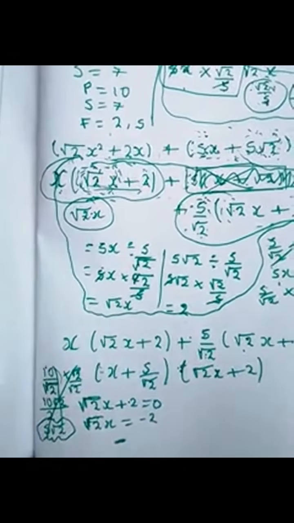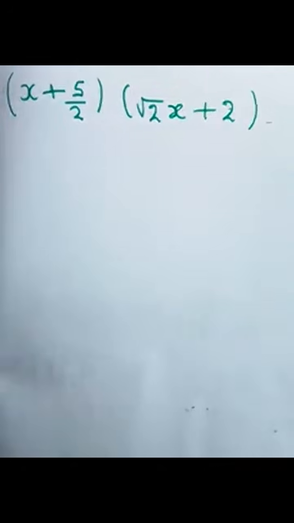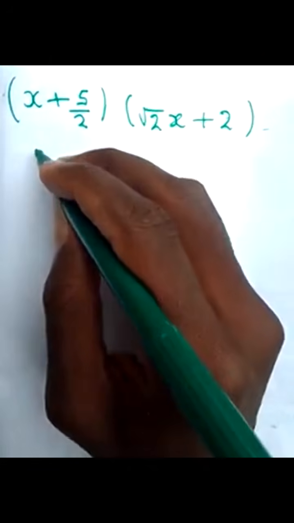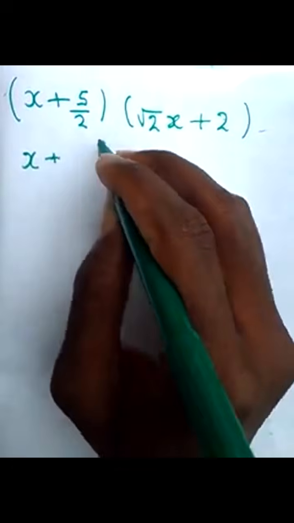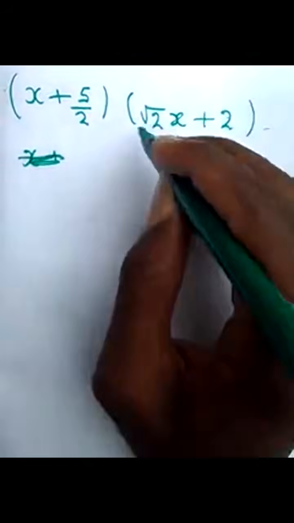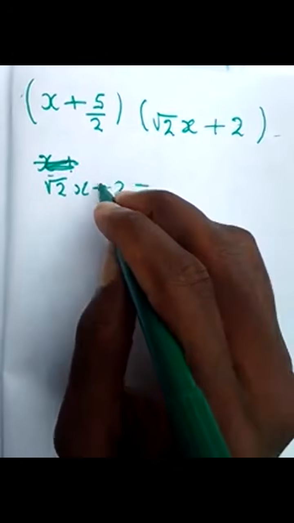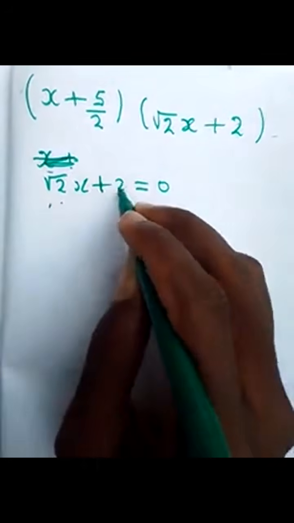Okay, I've run out of space. Let me continue on the next page. Alright, I was solving this one, right? Square root of 2x plus 2 equal to 0. So I took this to the other side, right?